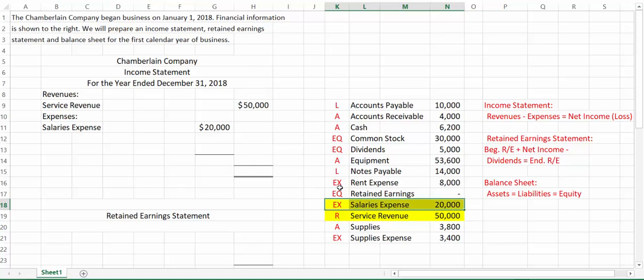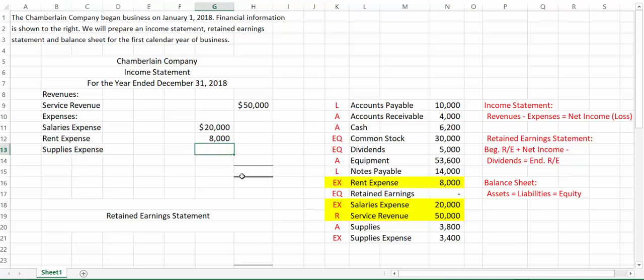Our next largest expense is going to be rent expense. We'll put that next. So rent expense is going to be $8,000. And then our final and smallest expense is supplies expense. And our supplies expense is $3,400.